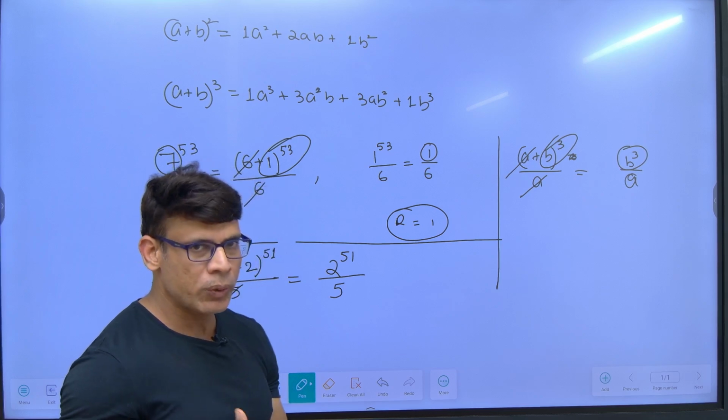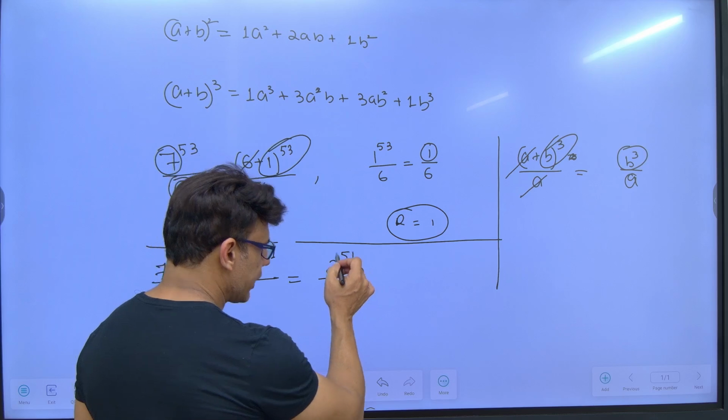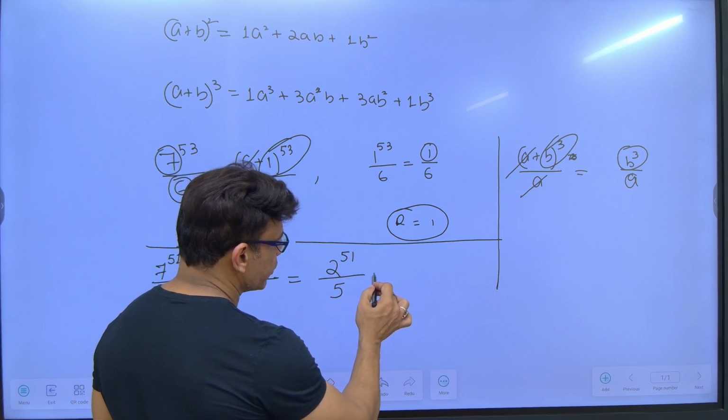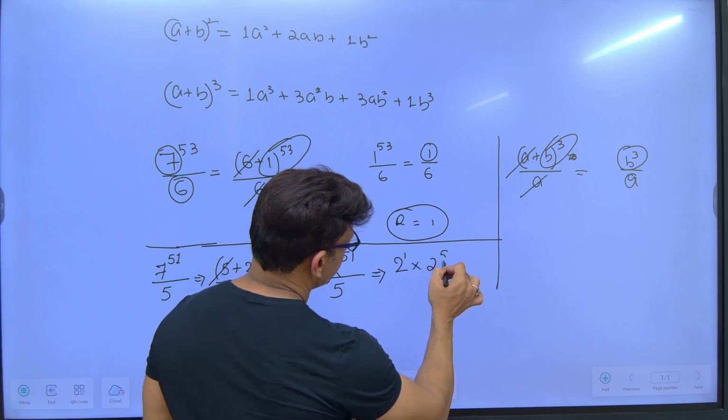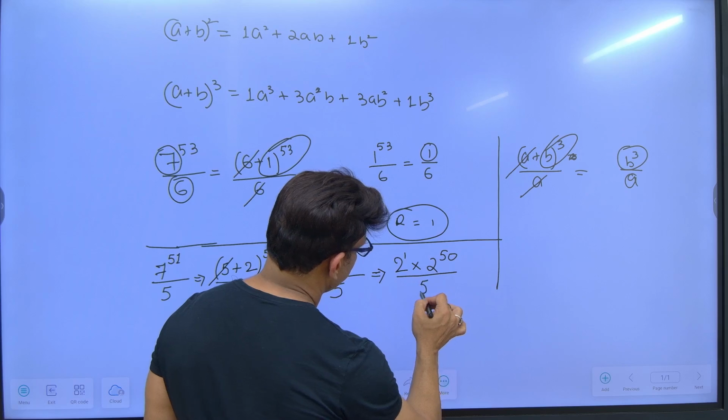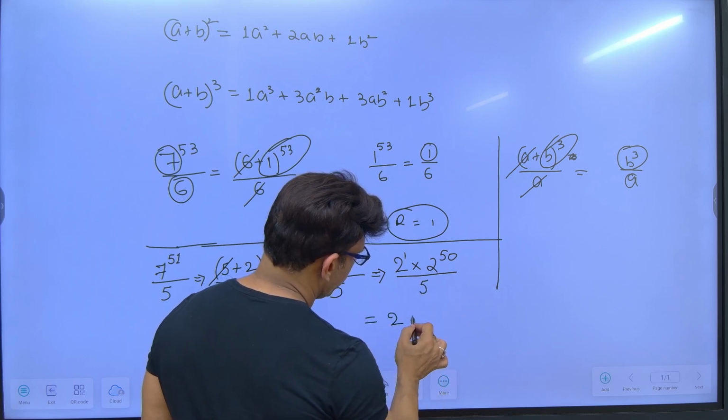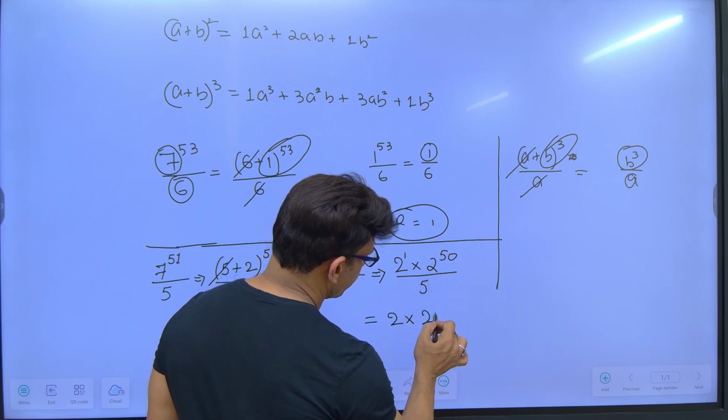I know that 2 square is close to 5. But I cannot take 2 square because its power is 51. So for this I am supposed to write 2 into 2 raised to the power 50 divided by 5. Now here you can take 2 square.